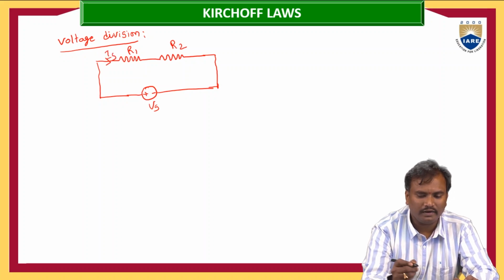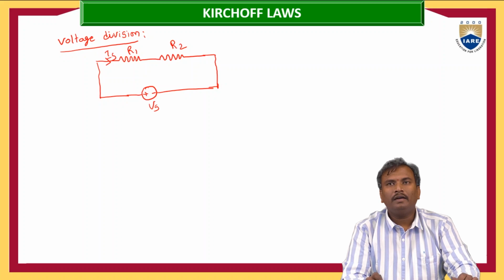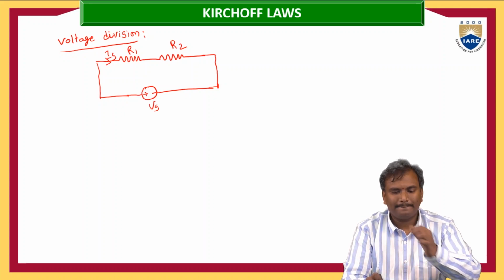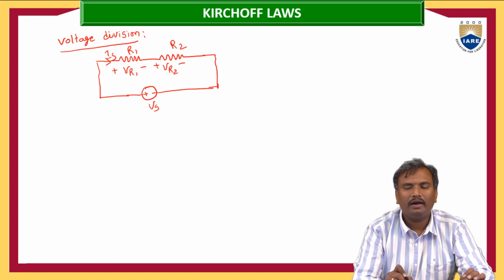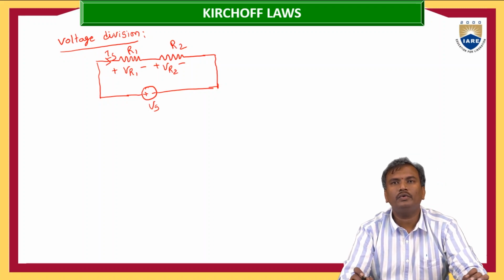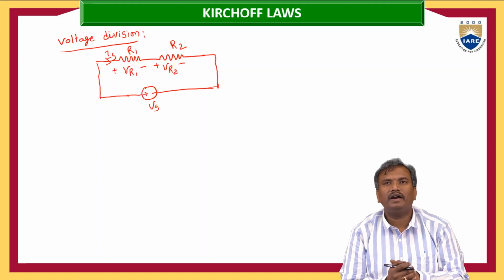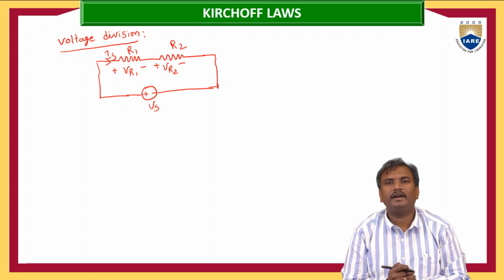This is the Is. And here we need to calculate what is the voltage across R1, what is the voltage across R2. And that equation we have to generalize for the voltage division. That is nothing but the voltage division rule. How the voltage is divided in series connected elements.